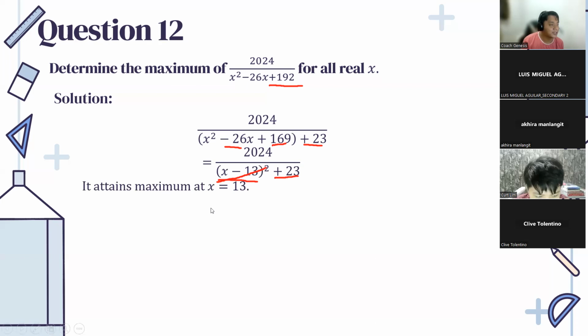So it attains maximum at x is equal to 13. So the whole expression attains maximum if the perfect square in the denominator becomes 0. That will give us 2024 divided by 0 plus 23, which is equal to 2024 divided by 23, or 88. So the answer for number 12 is 88.